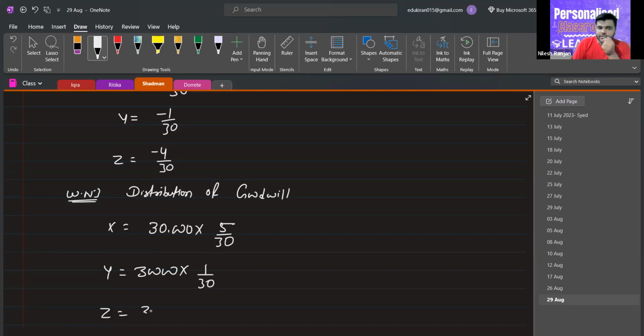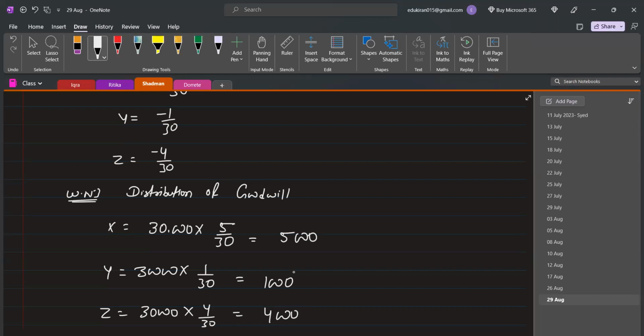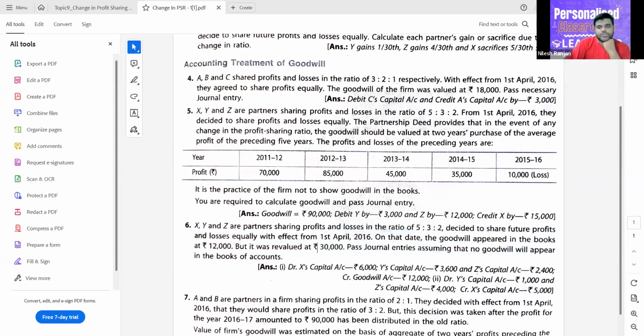And for Z, it is 30,000 into 4/30. So X will get 5,000, Y will pay 1,000, and Z will pay 4,000. Is this clear? Is there any other information we have? No.